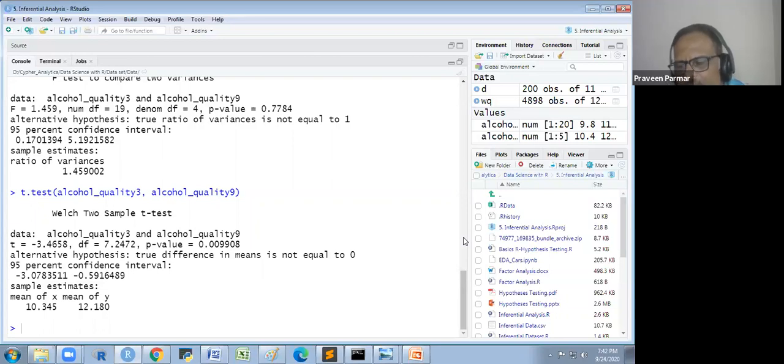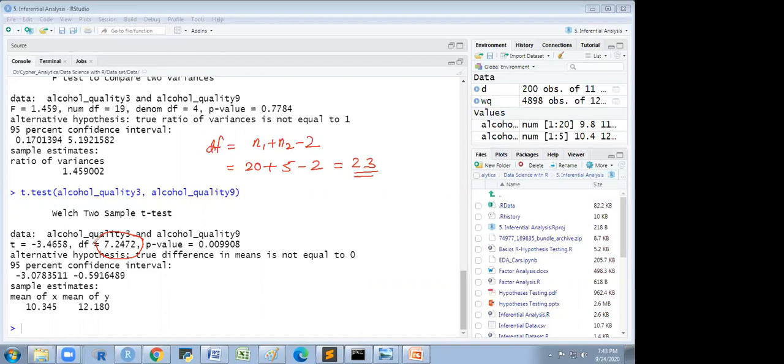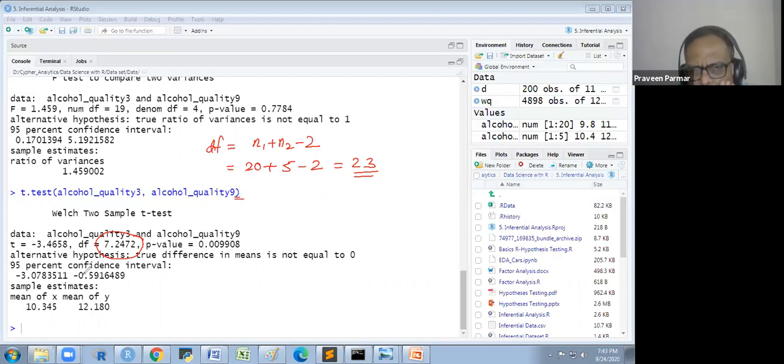We have 20 and 5, so the degree of freedom should be n1 plus n2 minus 2, that is 20 plus 5 minus 2, which is 23. But here it is 7.2472. Does that make sense to everyone? Yes, because we have not mentioned here that variance equal is true.